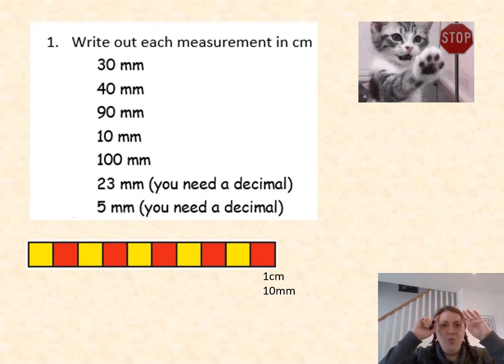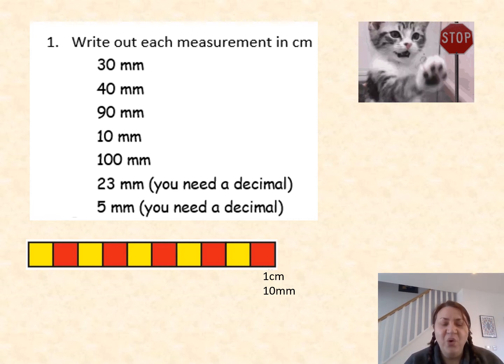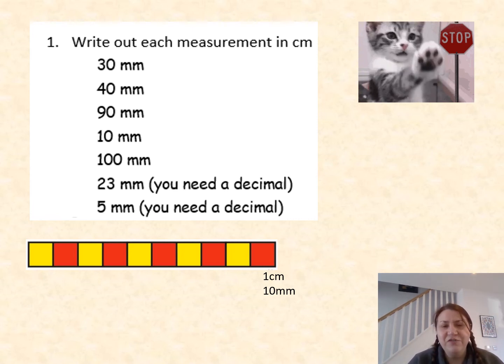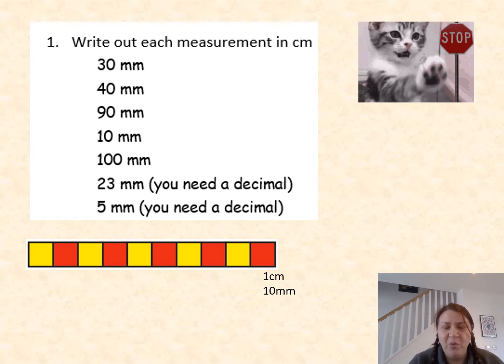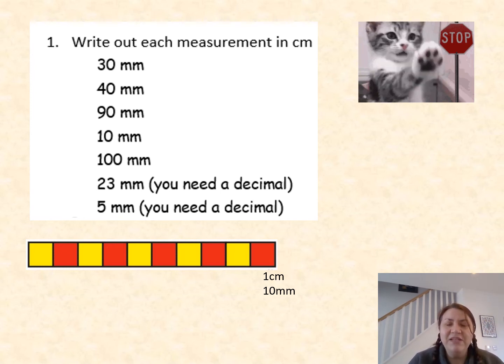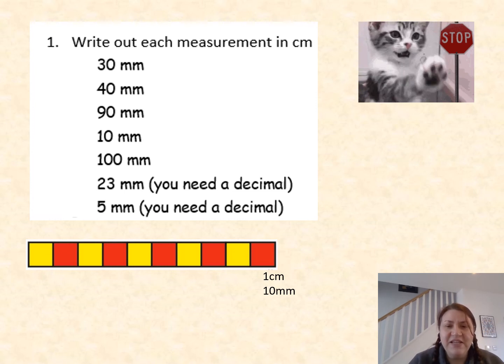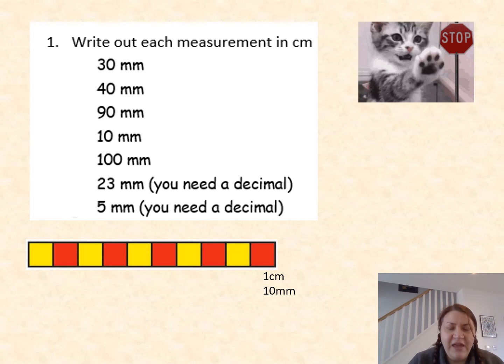Right, what I'd like you to do now is pause again, and you're going to write each of these measurements out in centimetres. Okay, so we have done the first one already, actually. We did that on the diagram. How many centimetres were there in 30 millimetres? This diagram at the bottom will help you. 1 centimetre is the same as 10 millimetres. So here is 1 millimetre.